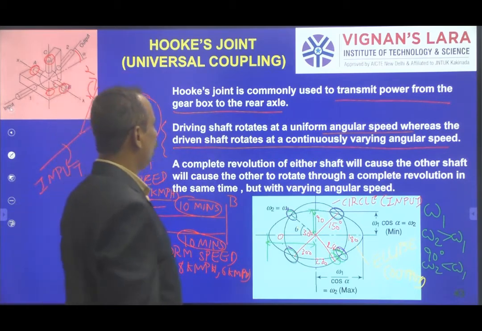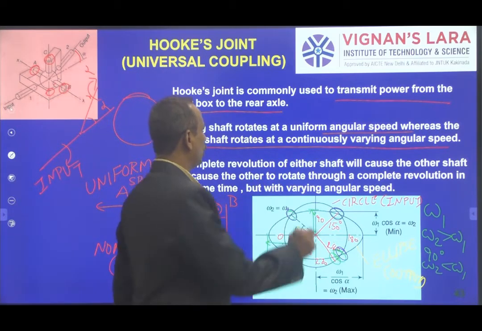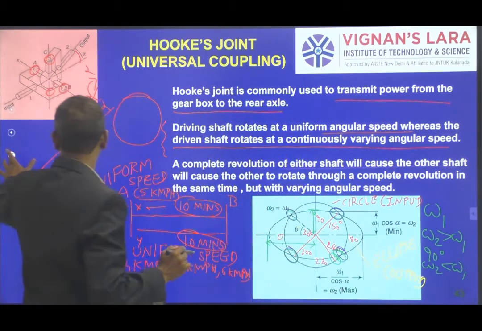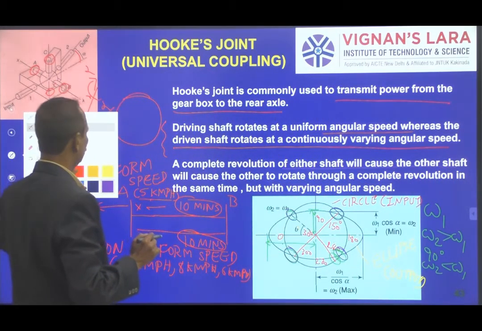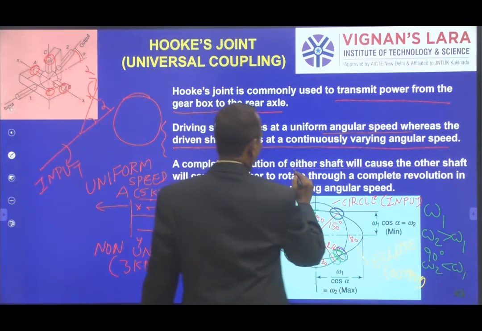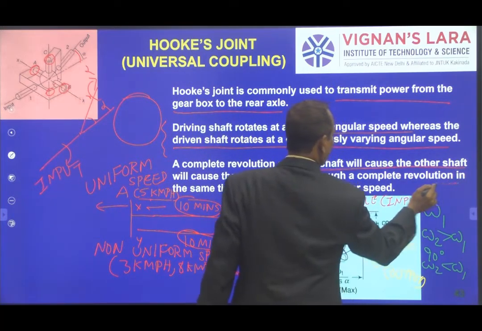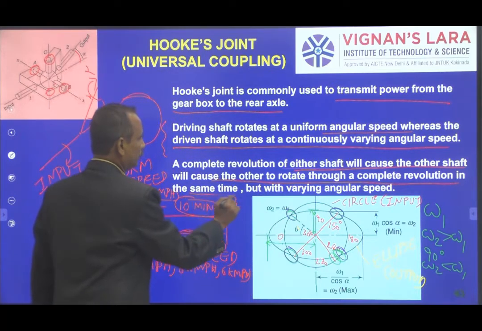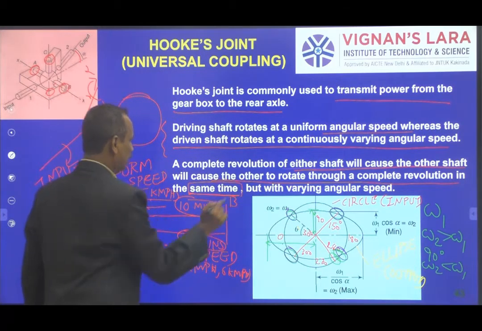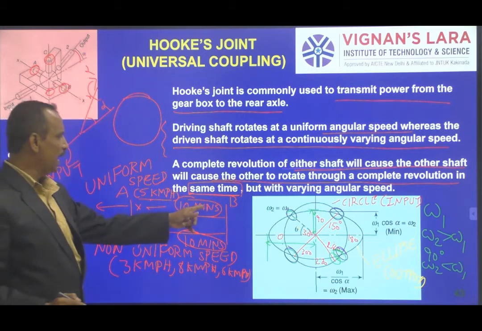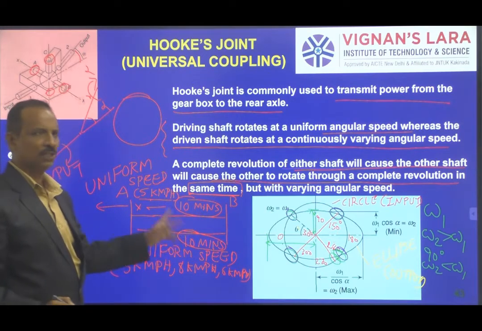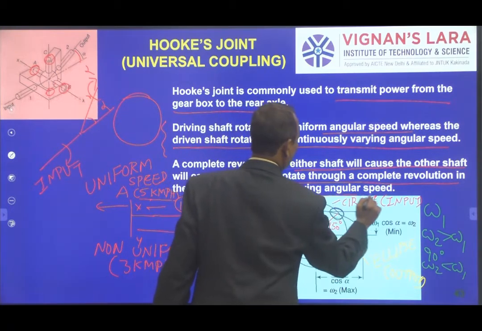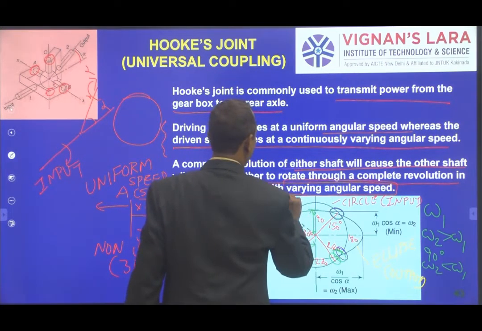Okay, so a complete revolution of either shaft will cause the other shaft to rotate through the complete revolution in the same time. That is what I explained. A also finishes in 10 minutes, B also finishes in 10 minutes. Okay, but with varying angular speed.